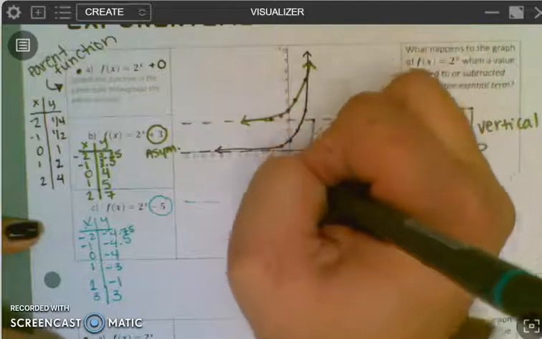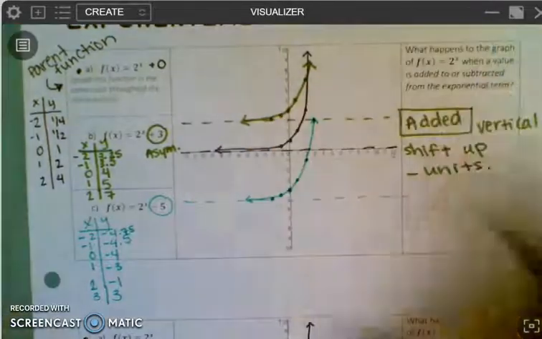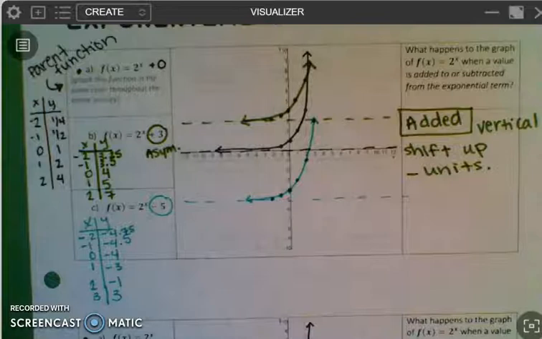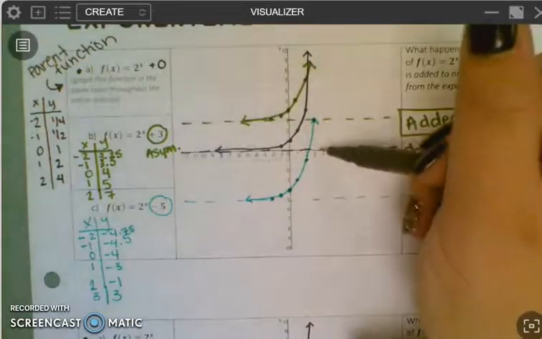So if I connect these, it should be the same shape as my parent graph. But the only thing we did now was I took it and I shifted everything down 5.